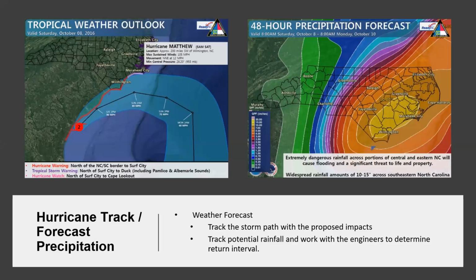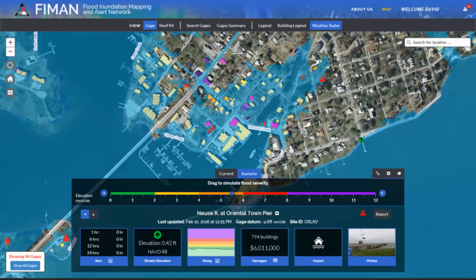What we did for Matthew, what some of these contractors that are sitting in the room did for Matthew actually, was they looked at the hurricane flight path, or the wind path, and then they looked at the 24-hour or 48-hour precipitation forecast, and they literally went to our Fiman gauge site and manually looked up the gauge results for those specific areas and said, well, we're getting this much rain in Durham County, I think that is going to be a 100-year flood event.